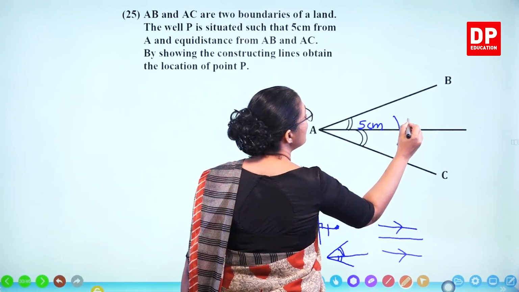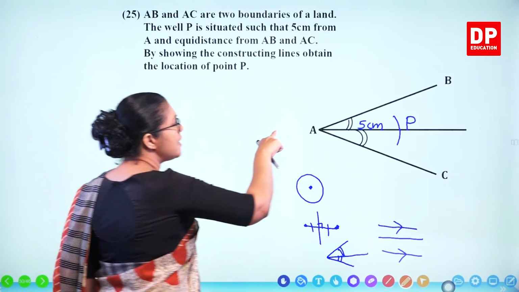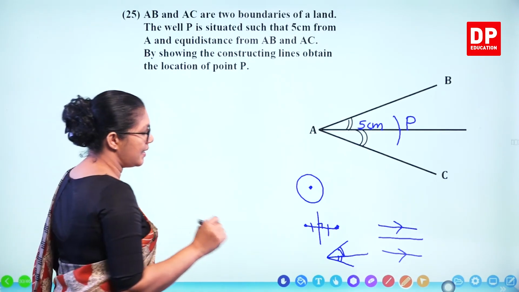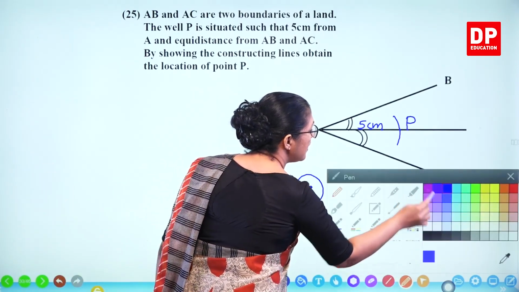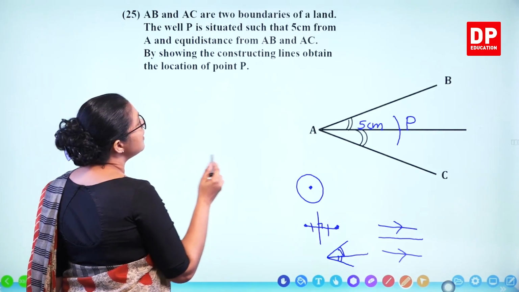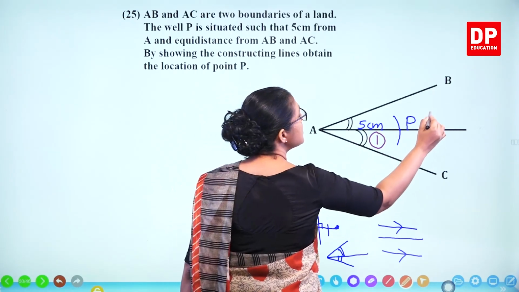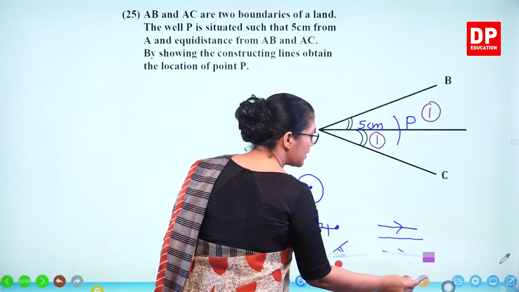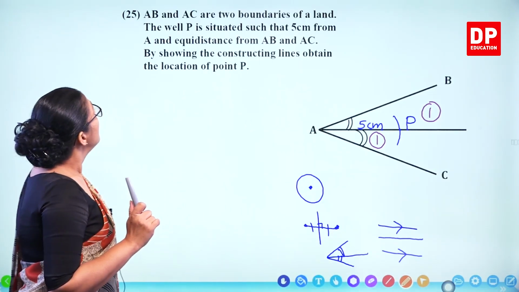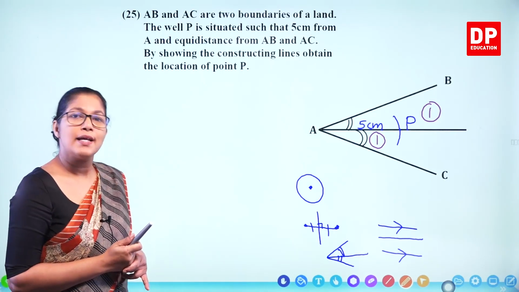So this is P. P is the well, situated on this line 5 centimeters away from A. So that's the locus of point P. So we can give 2 marks: 1 mark for marking 5 centimeters and 1 mark for marking point P. So that's the end of part A. Let's look at part B now.